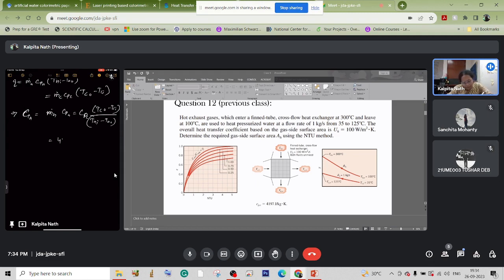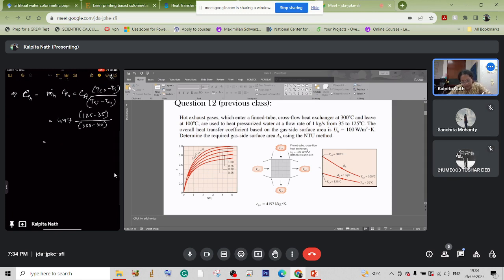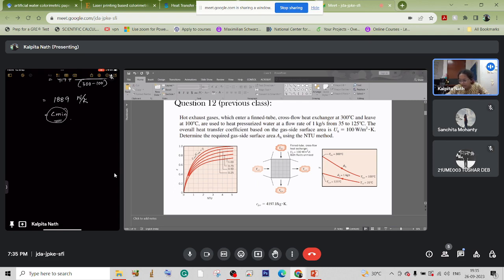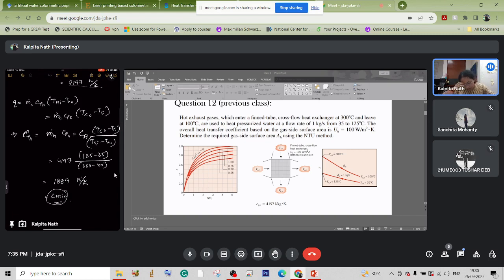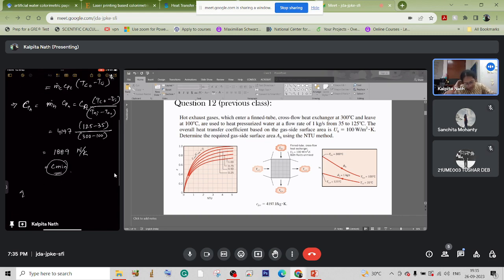So this will be 4197 into (125 minus 35) upon (300 minus 100). So this is 1889 watt per Kelvin, which is equal to C min, the minimum heat capacity. So the hot fluid heat capacity will be the minimum.